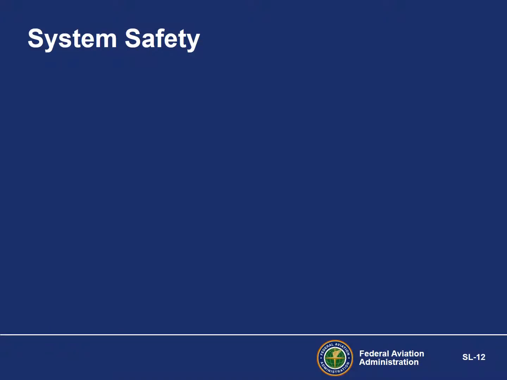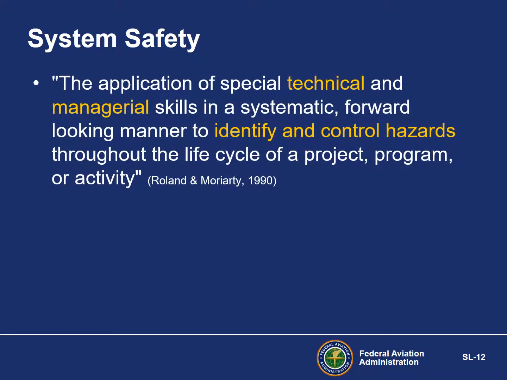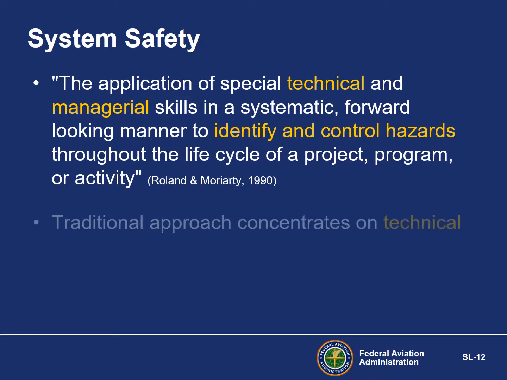System safety concepts have not changed, but have been incorporated into SMS. The first bullet shows a general description of system safety from which our oversight processes have evolved. The second bullet is traditionally where system safety efforts have been focused. An example of technical application might be the review and approval of a certificate holder's RVSM.